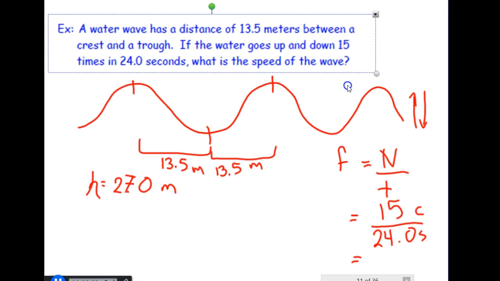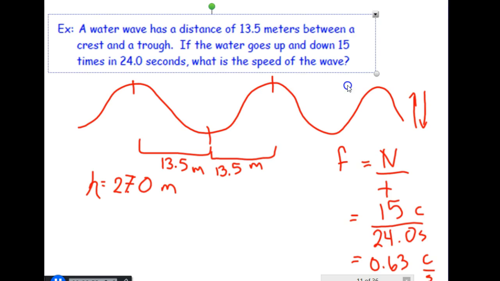How many waves are we going to get in 1 second? 0.625, which is 0.63. You only get 2 significant figures.